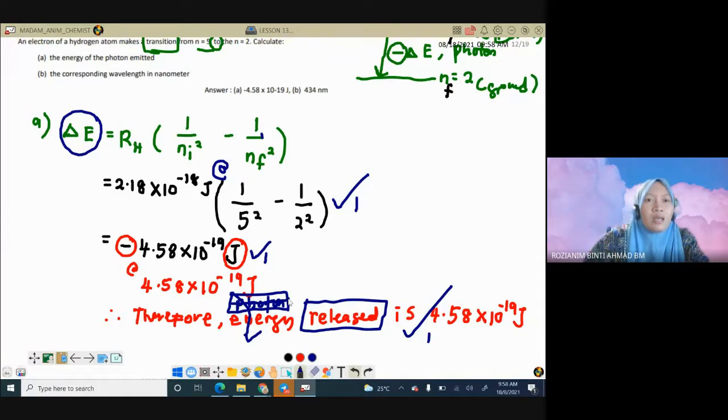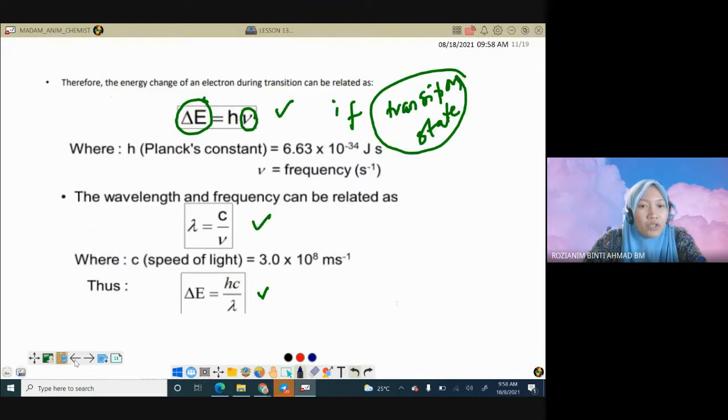Okay. Next question. Okay, B. Calculate the corresponding wavelength. Nilai wavelength tetapi dalam unit nanometer. Okay, nampak? We already calculate the value of energy change dan dia nak nilai wavelength. Which formula we must use? Okay, kita record back.